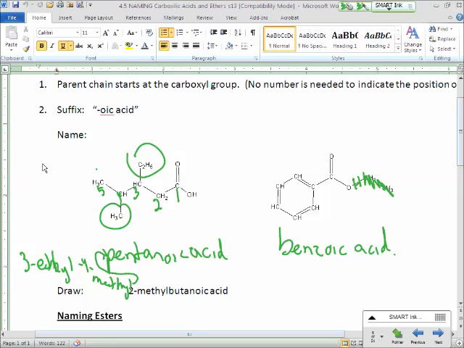Snake back over there. So the chain is defined by that oic acid on the end. You start it at number 1. You label it up as you normally would. So if I'm drawing 2-methylbutanoic acid, I'm looking at the end like I always do. 1, 2, 3, 4. I always put that double bond OH on the end.